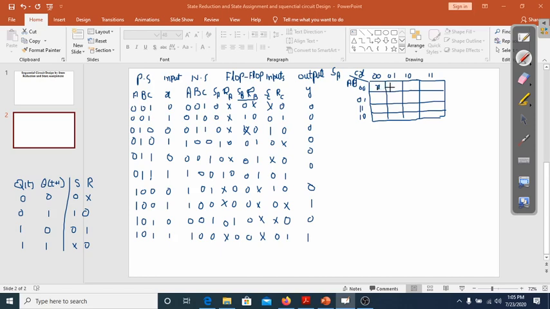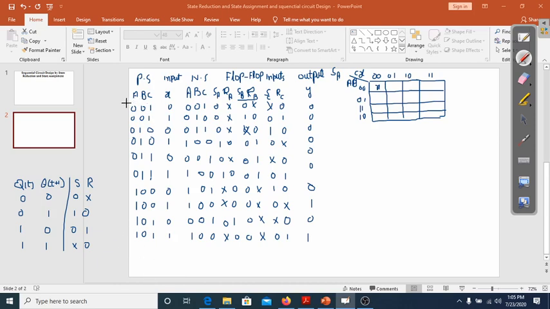For 000, I mean it does not exist, so we will use the remaining combination.